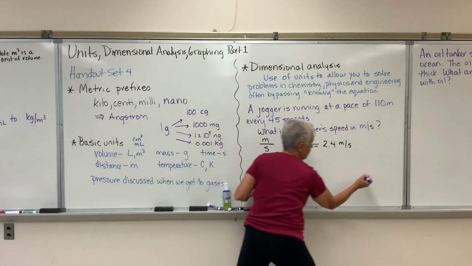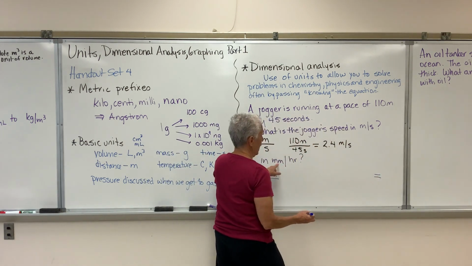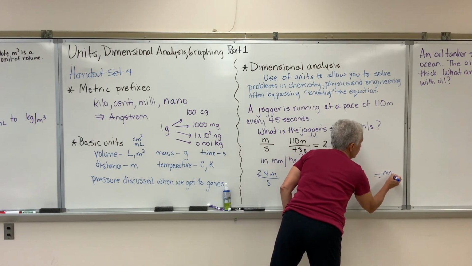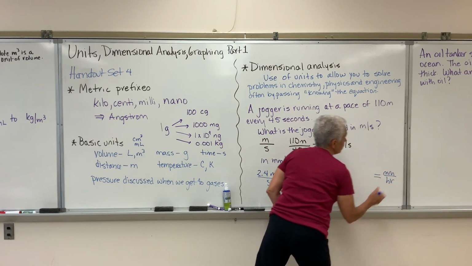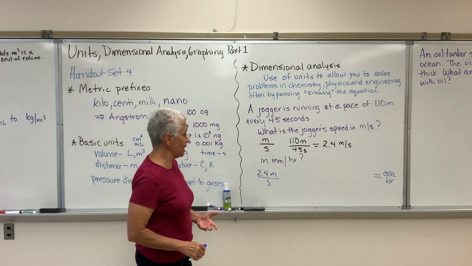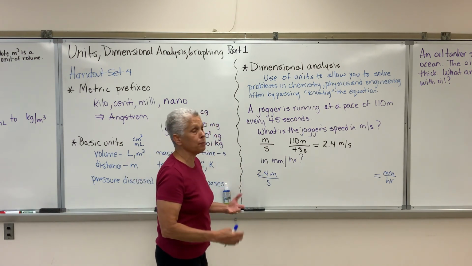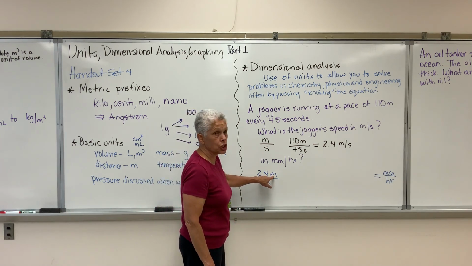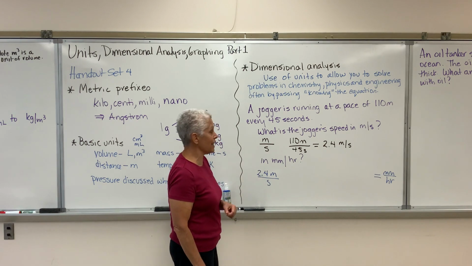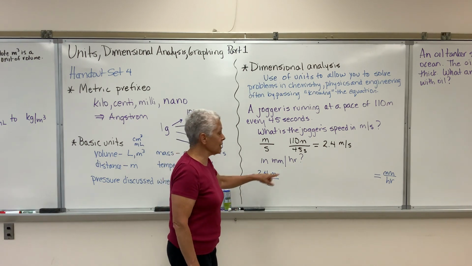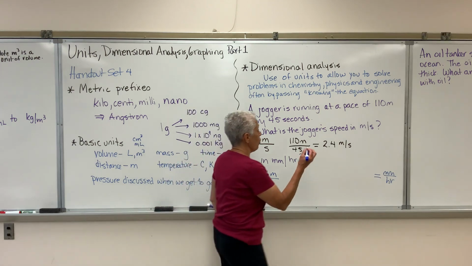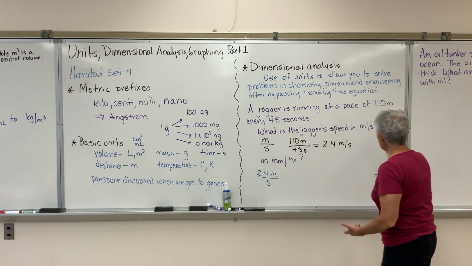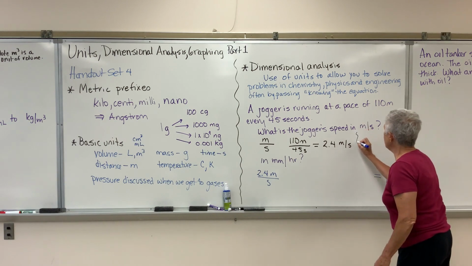And when I'm done over here, I have to end in millimeters per hour. All right, and this is again dimensional analysis. Now I have to start thinking of something called equivalencies. I've got to figure out how do I change meters to millimeters, and how do I change seconds to hours, okay? So I need what I'm going to call equivalencies.